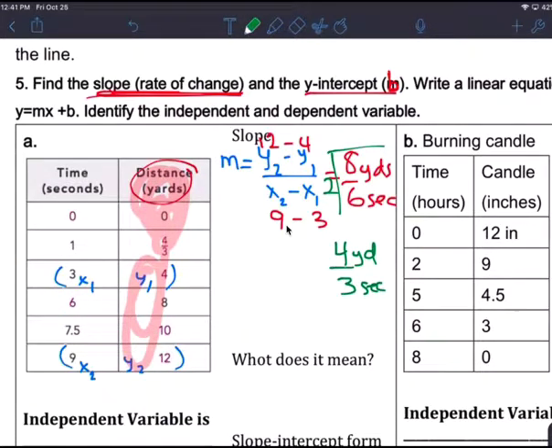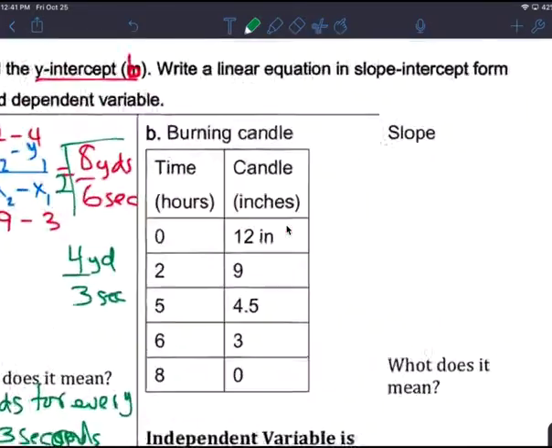So what does it mean? It means that the person is going 4 yards for every 3 seconds. Okay.